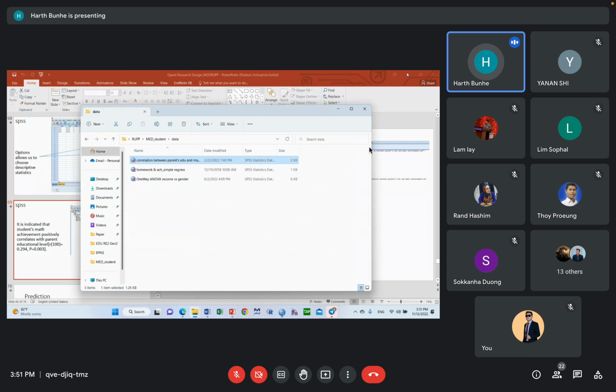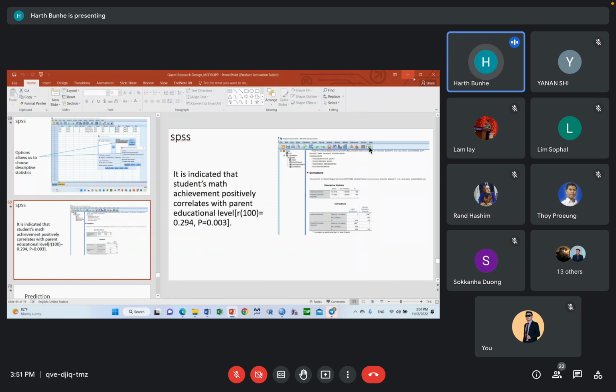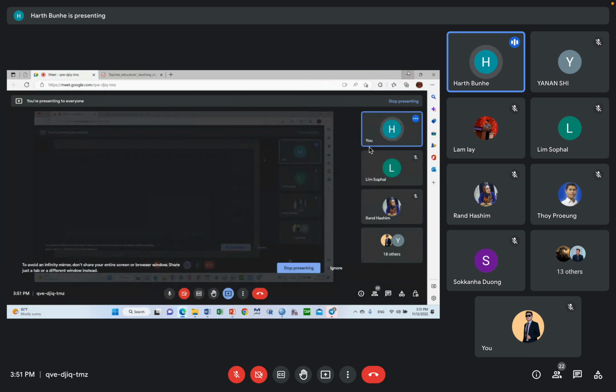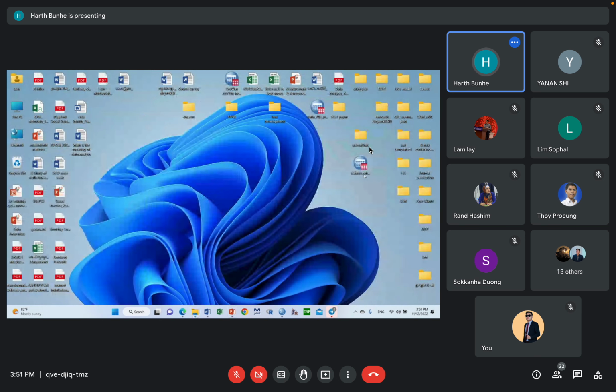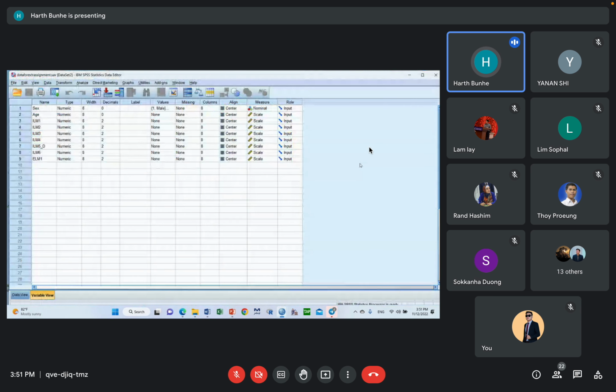If you want to do correlation with a lot of variables, you can do it too. And I will go to the data that we talked about in the morning. You have 7 variables here. You can do it as a correlation as we talked earlier.